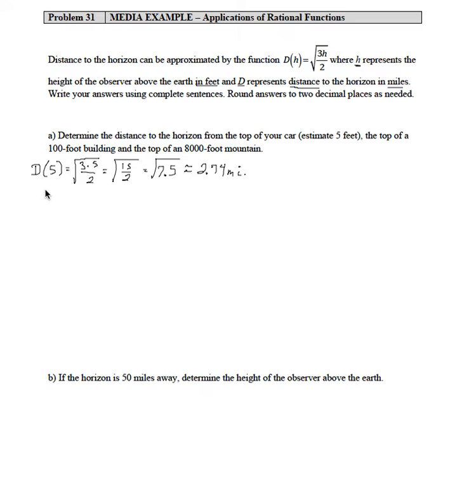So as a sentence then, if you are 5 feet above the earth, the horizon is 2.74 miles away.